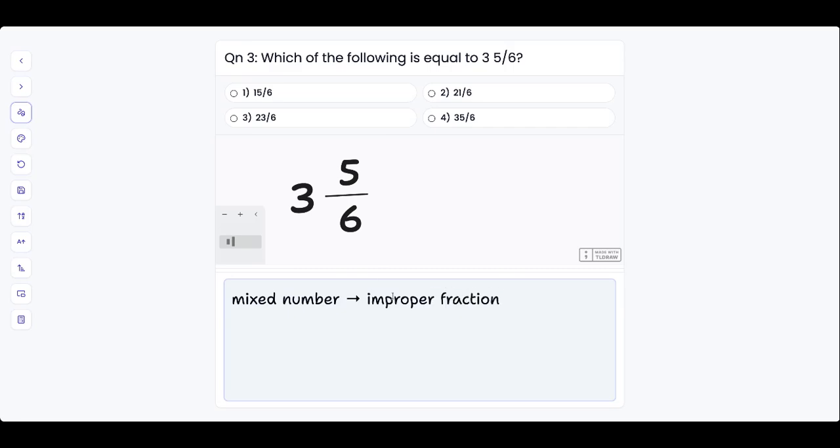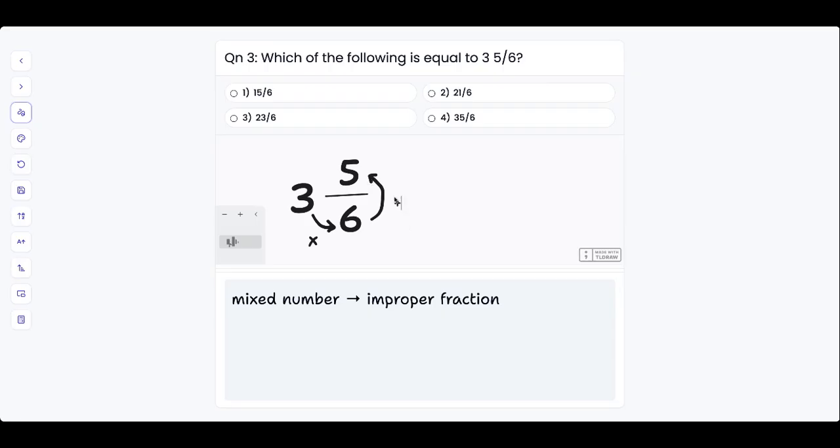What we need to do is first multiply the whole number by the denominator, and after that, we will add our numerator.